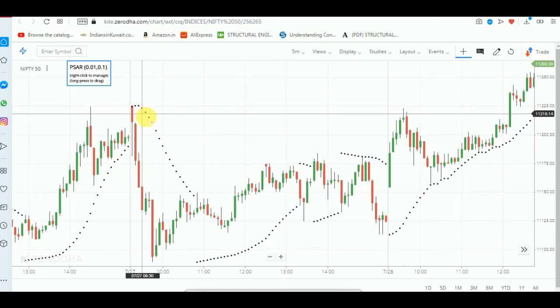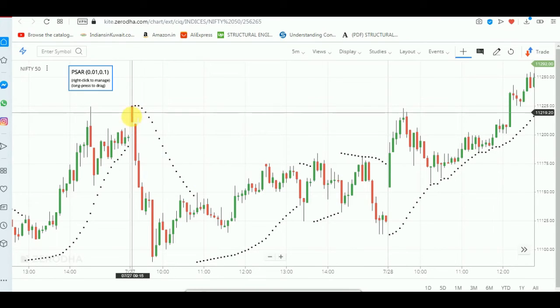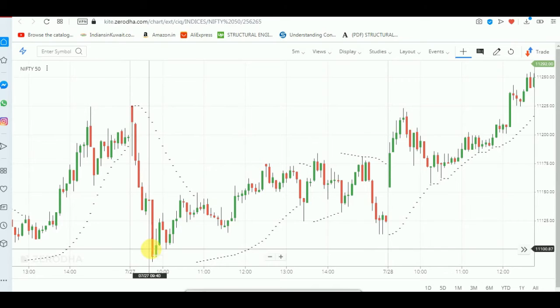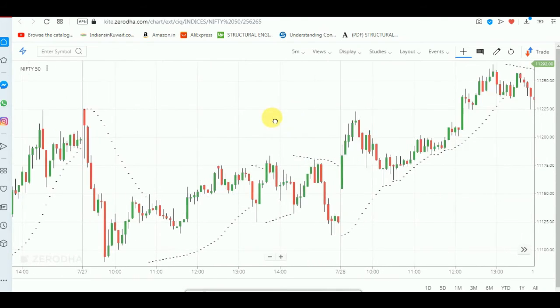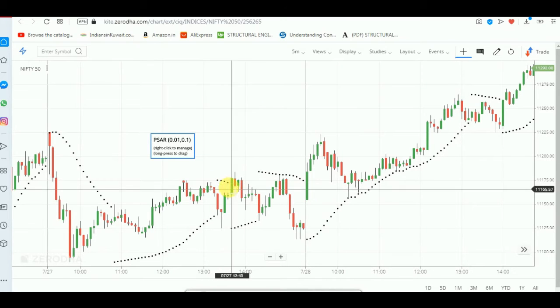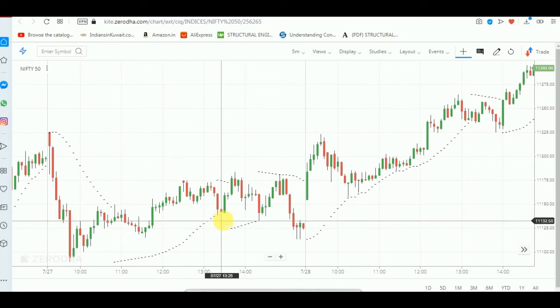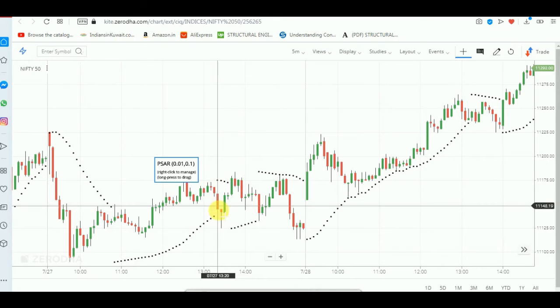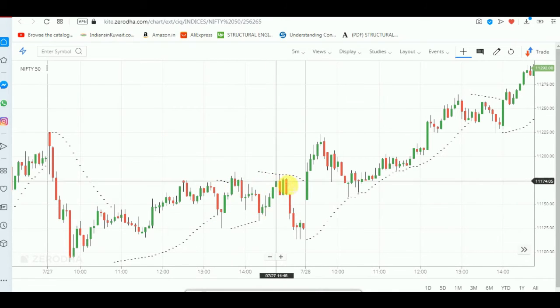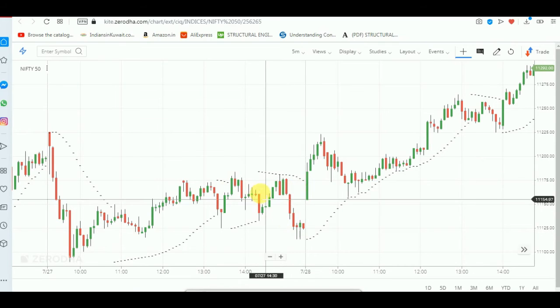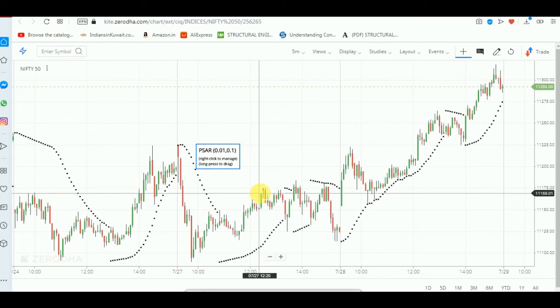Here it found a dot and continuously it is moving, and the price is also going down, right? So many false signals have been removed, but still there are some false signals. As you can see, this particular candlestick here shows some false signal, even here also, but slightly it gone down again.